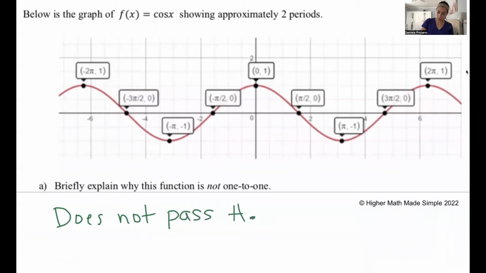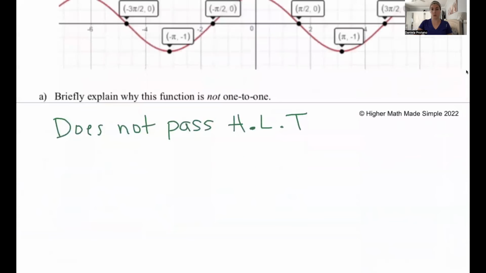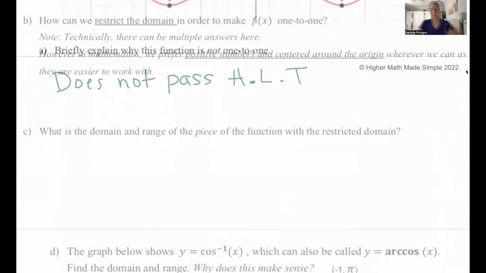Okay, because if we draw a horizontal line, we can see clearly that it hits the graph in more than one place. So the relation is a function, but not the inverse. And again, we need the function to be 1-to-1 in order to evaluate.